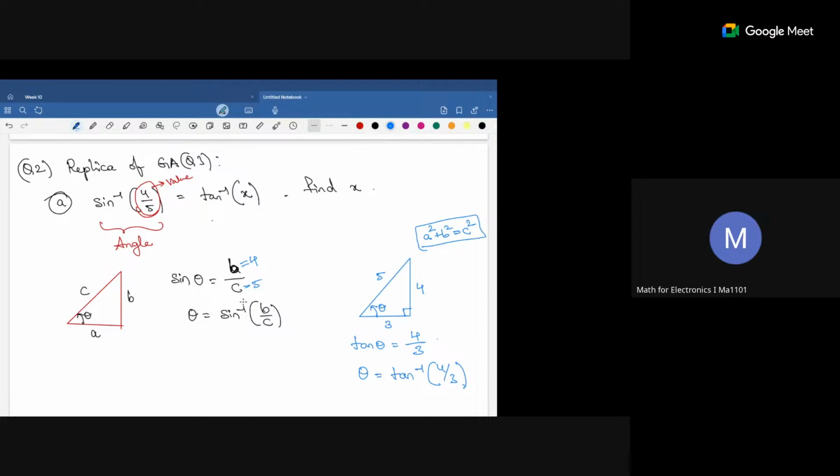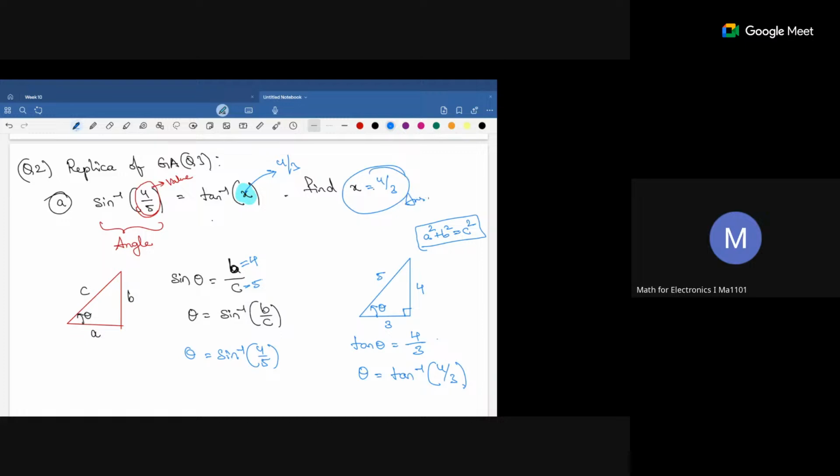Our theta is sine inverse of 4 by 5, and our theta is tan inverse of 4 by 3. So therefore sine inverse of 4 by 5 will be equal to tan inverse of 4 by 3. Hence our x will be 4 by 3. So the answer is 4 by 3.